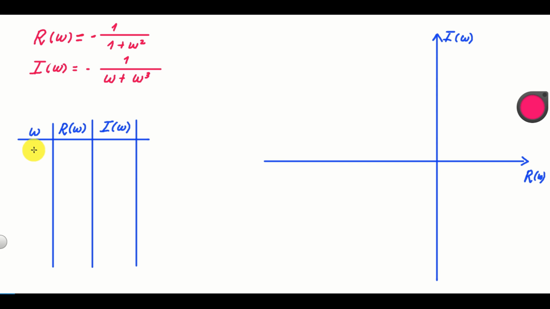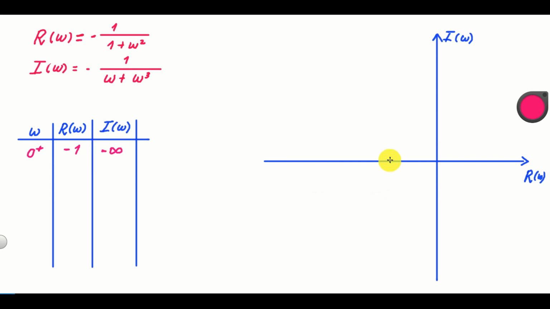Let's start with omega equal to 0 plus. When omega is equal to 0 plus, the real part is equal to minus 1, and the imaginary part is approaching minus infinity.